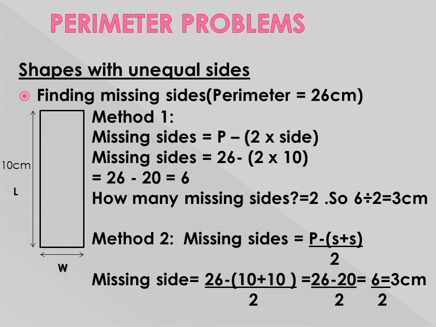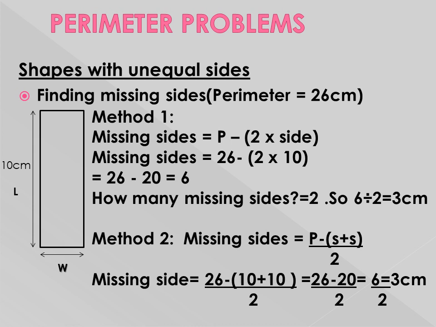Now, look at this shape. It's not like a square that has all equal sides, but at the same time, if you look at the shape we were given, you will find out that the line on the left side must be equal to the other one on the right side. Do you see that they are the same length?